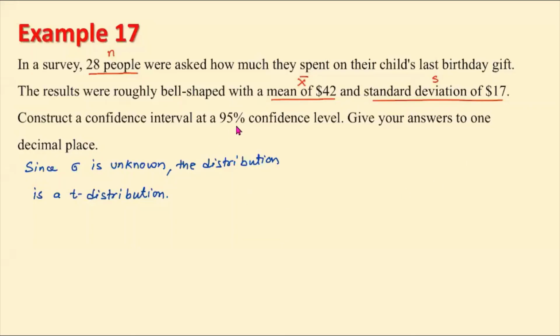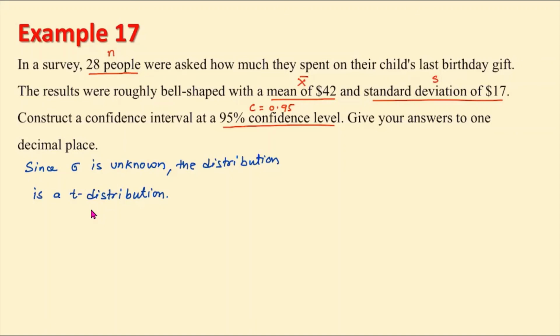So here we are looking for 95% confidence level, so C is equal to 0.95. But since this is the t distribution, we need to find the t critical. So let's first do that calculation.